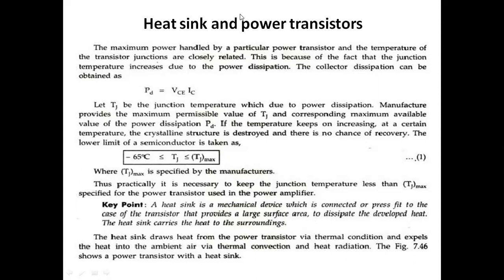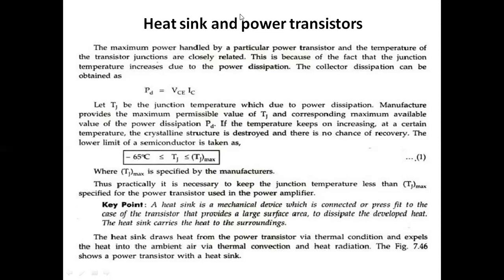Whenever the transistor is manufactured, there is some permissible level which is given by the manufacturer. That is the maximum permissible value of junction temperature as well as power dissipation.